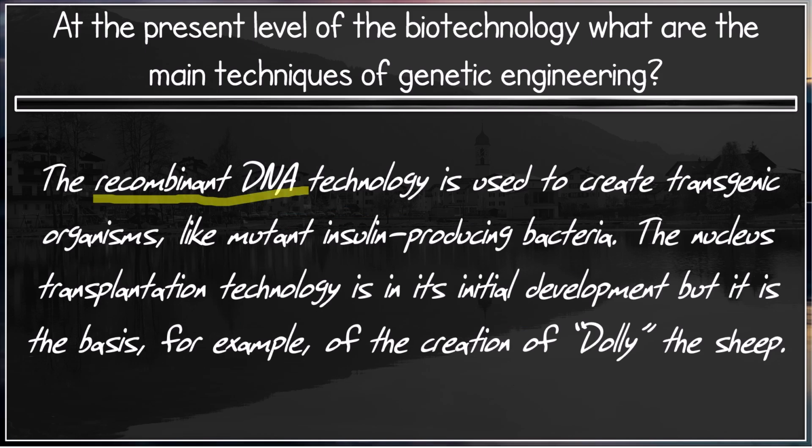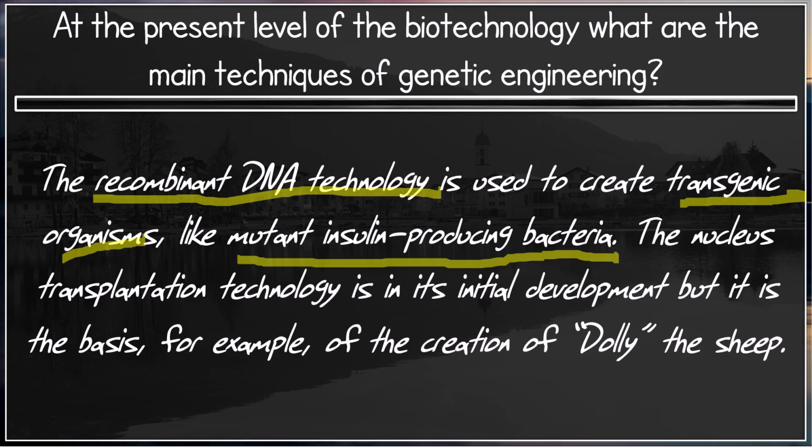The recombinant DNA technology is used to create transgenic organisms like the mutant insulin-producing bacteria. The nucleus transplantation technology is in its initial development, but it is the basis, for example, of the creation of Dolly, the sheep.